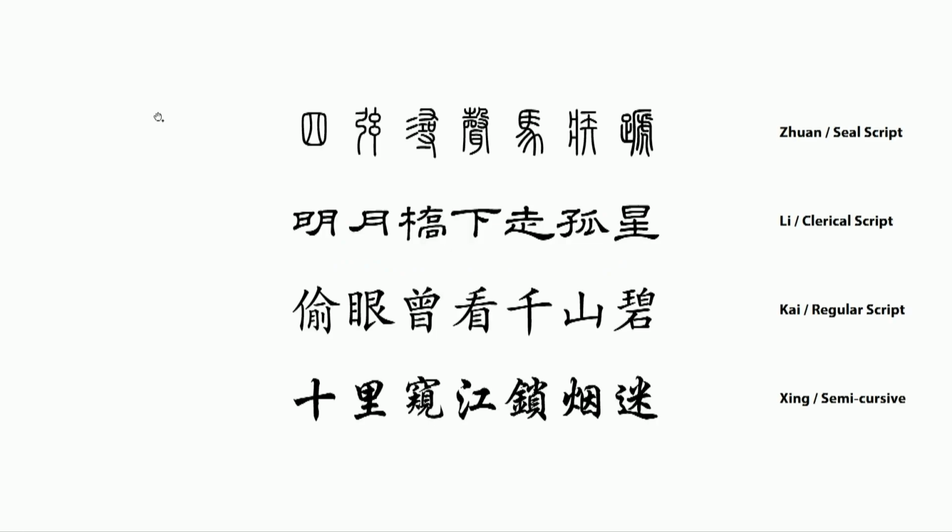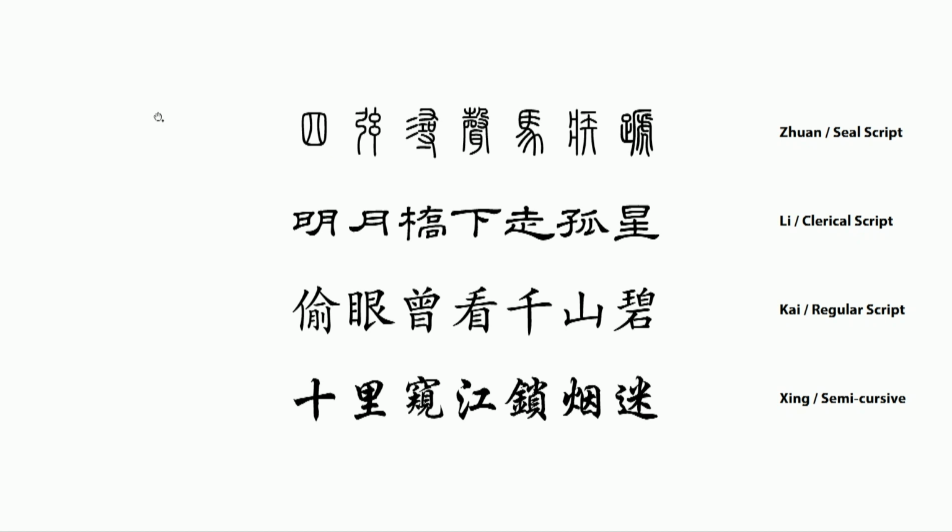So we need to go back a little bit to the evolution of Chinese writing styles. So you see, the very first one is the 篆书, the seal script, which is the first standard writing style in China. And afterwards, like many of the scripts in the world, we write more smoothly, we write faster, so it becomes more and more casual.